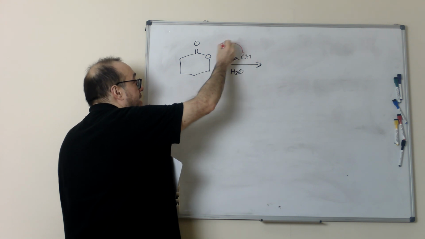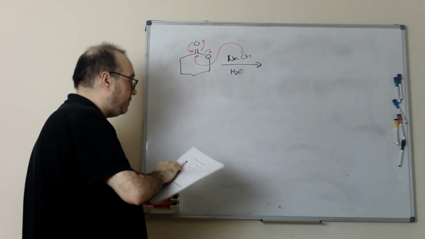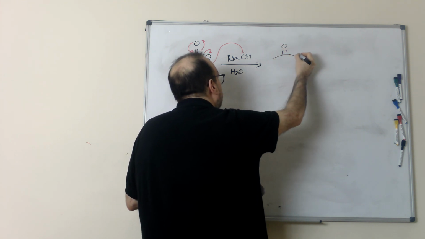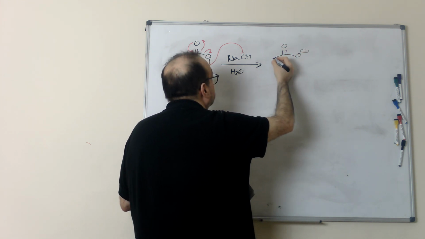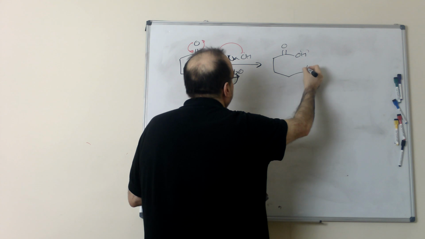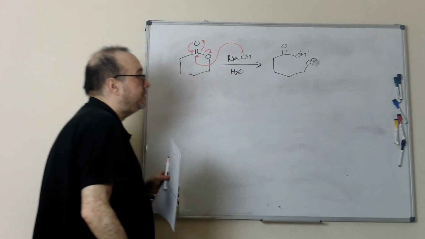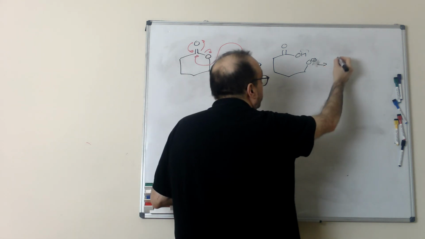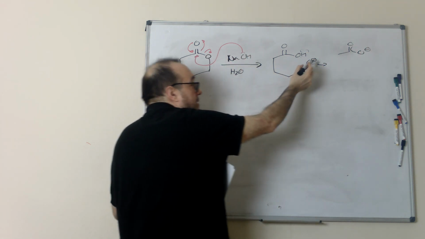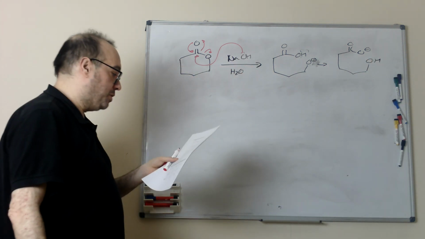The hydroxide, we are in basic media, will attack, addition, elimination, and what we have is a negative charge, and this will become a carboxylate, because obviously this hydrogen is by far more acidic than the alcohol, and if I am not wrong, we will get this final product.